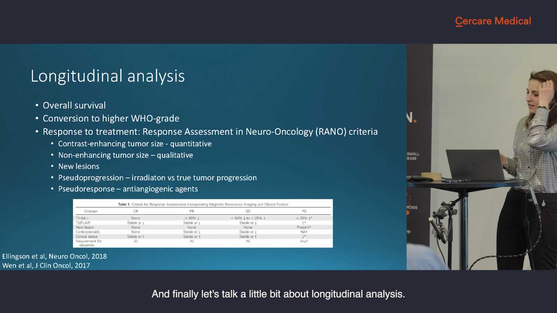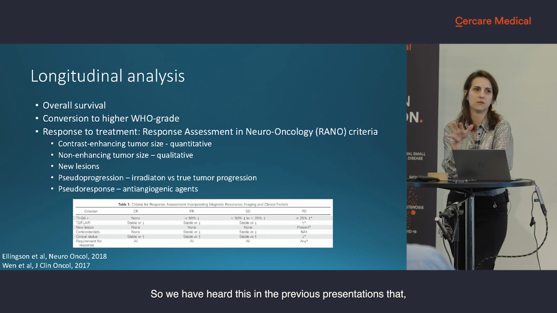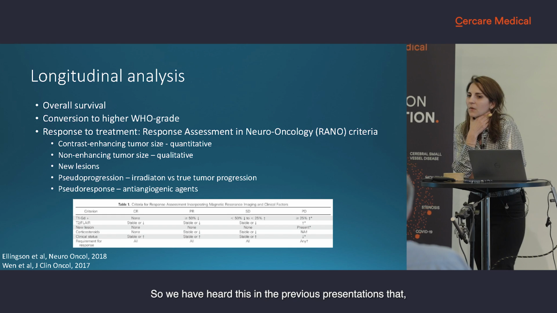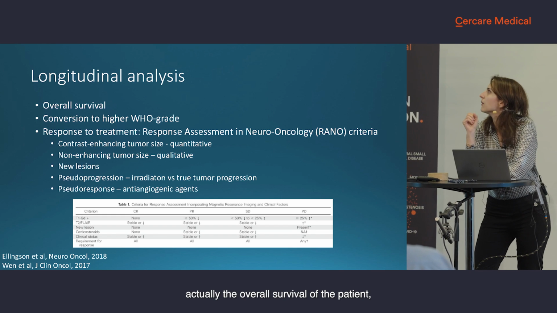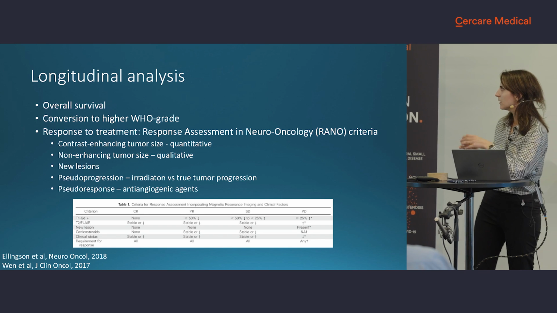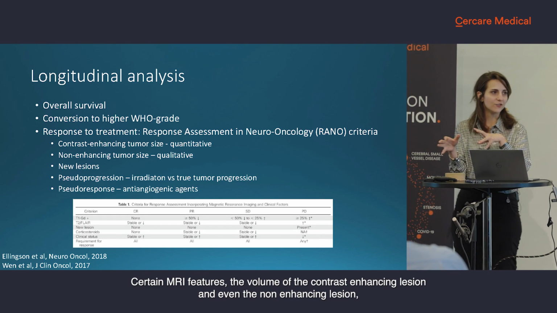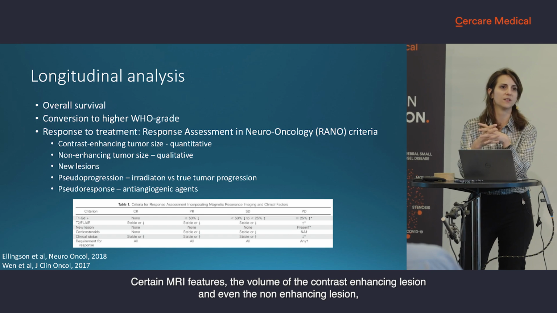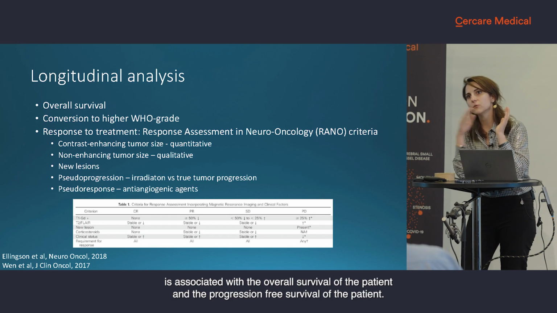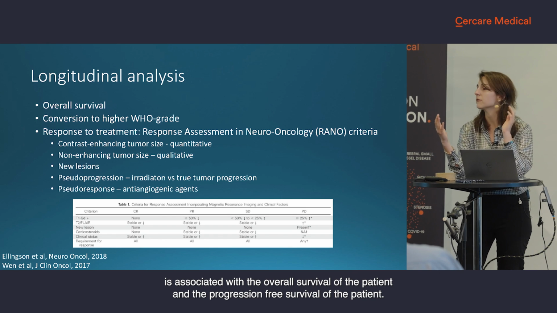And finally, let's talk a little bit about longitudinal analysis. We have heard in the previous presentations that certain MRI features, the volume of the contrast-enhancing lesion and even the non-enhancing lesion, are associated with the overall survival of the patient and the progression-free survival of the patient.